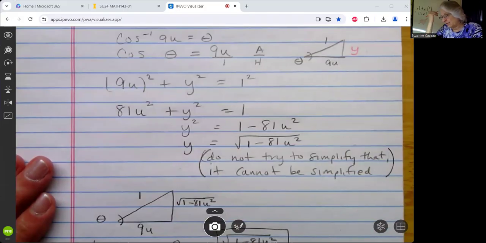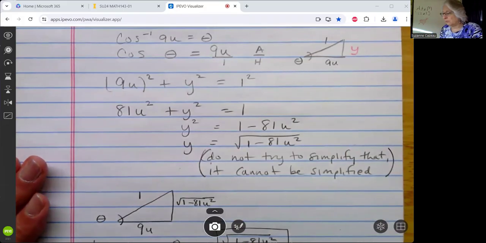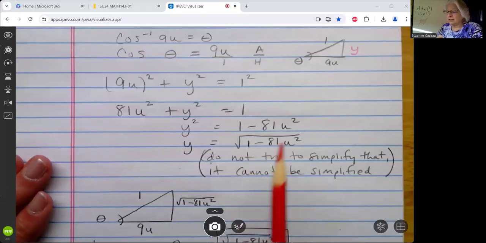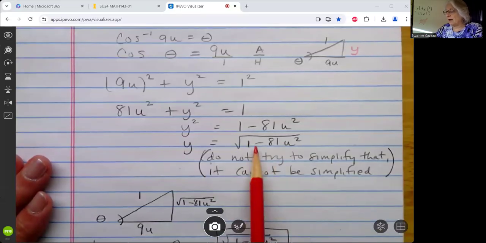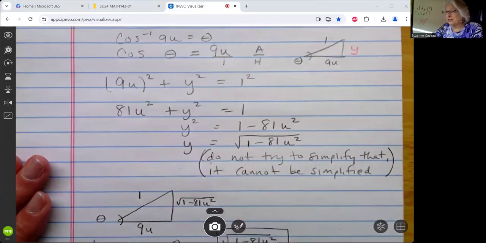I see people all the time try to do 1 minus 9u or something like that. But it's actually a difference of squares: a 1 minus 9u times a 1 plus 9u, and those two things are not the same.